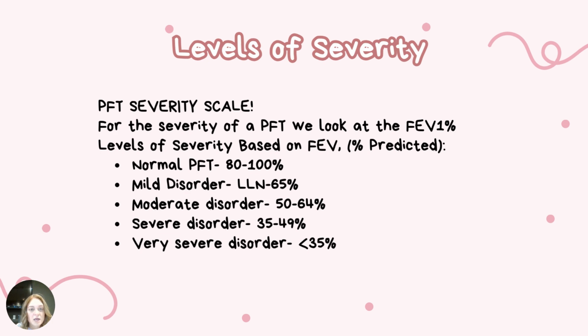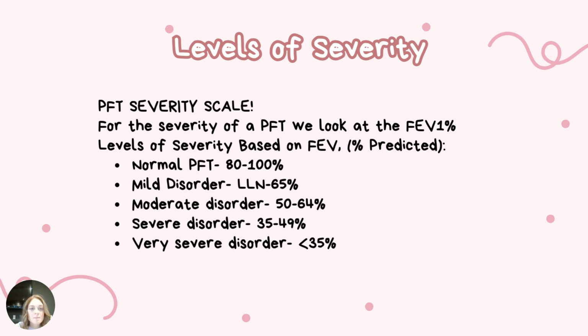Now, levels of severity. We do have a PFT severity scale, and for the severity of a PFT, we're going to look at the FEV1%, and these levels are based on the FEV1 percent predicted. So a normal PFT is in the 80 to 100% range.